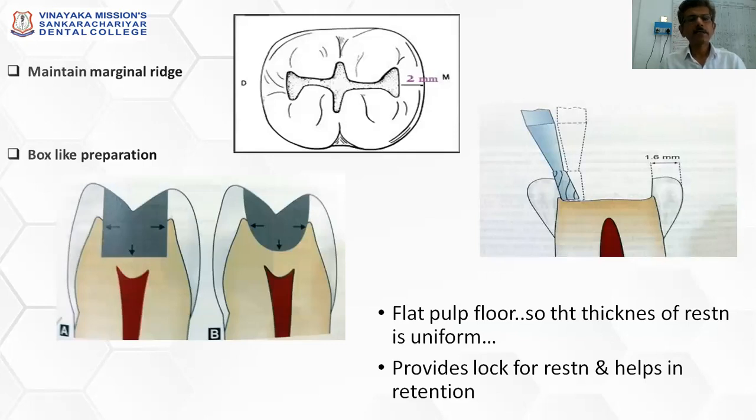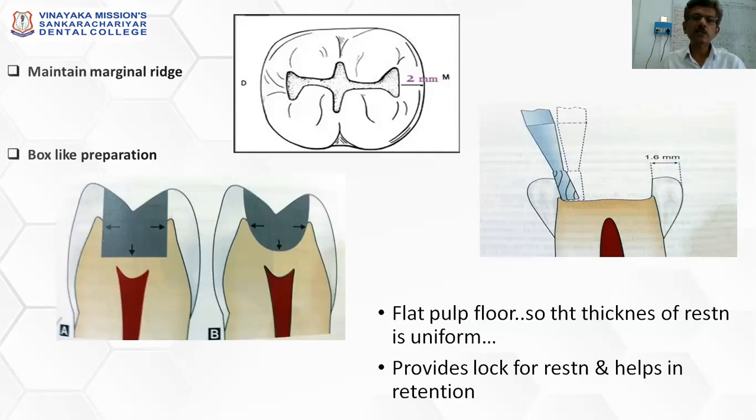And as I said, the maintenance of the marginal ridge, just like the cusp, is important. These are anatomical landmarks on the tooth that help to encapsulate or strengthen the tooth by a natural form of resistance.